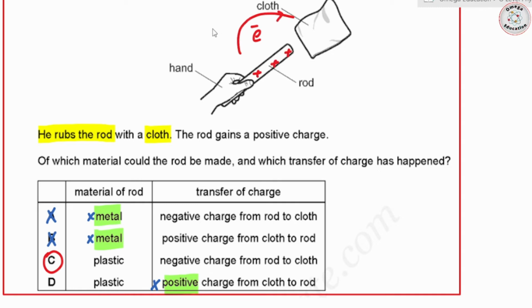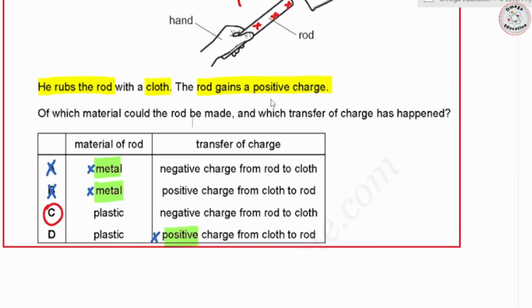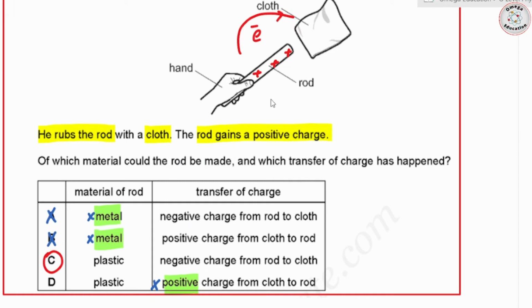And it was mentioned in the question that the rod gains the positive charge. That's the only way for the rod to gain the positive charge, if the electrons from the rod move towards the cloth. But you can easily sort this out within 5 to 10 seconds with the method of elimination.